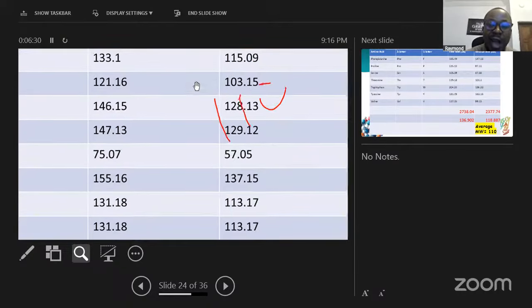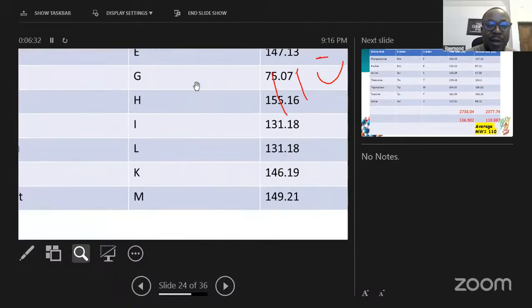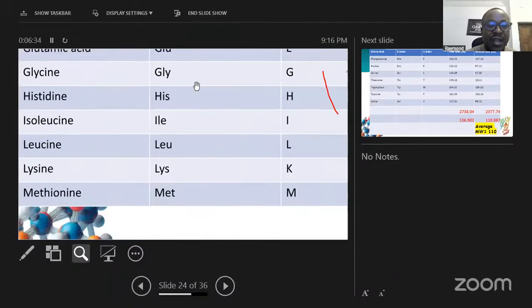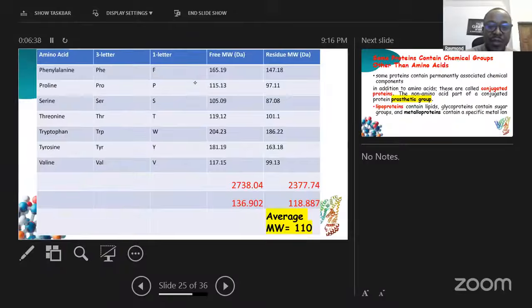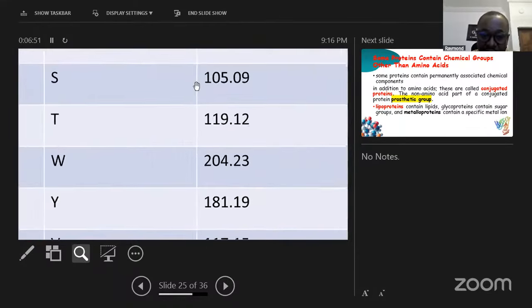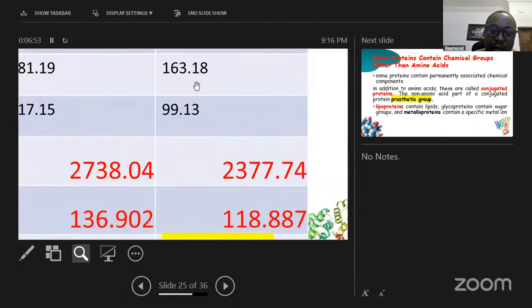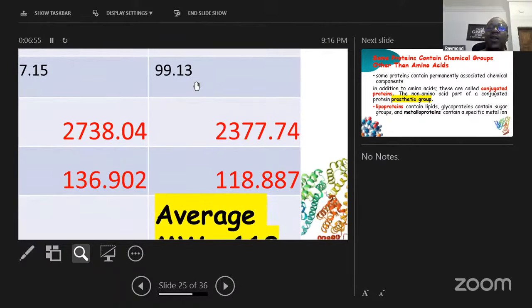Now, these are the 20 amino acids. If we add all the residue molecular weights, we'll have 2,377.74.